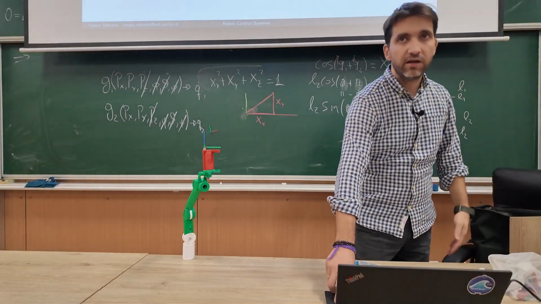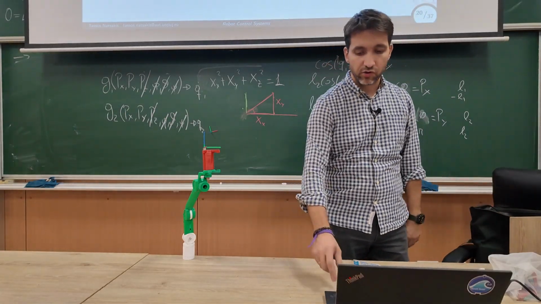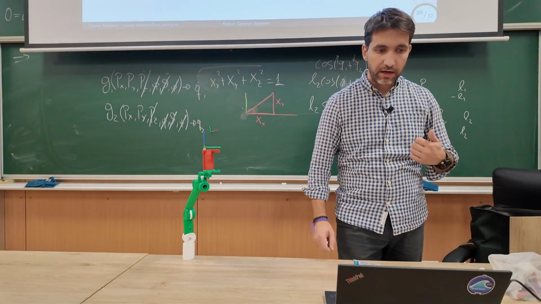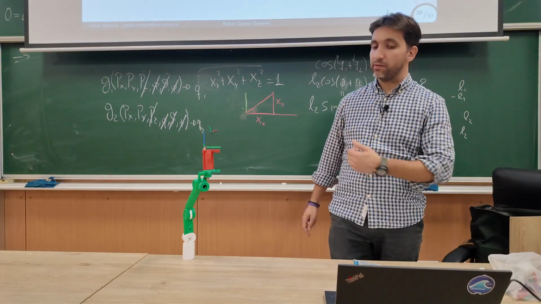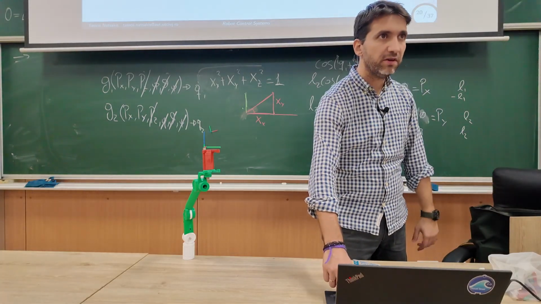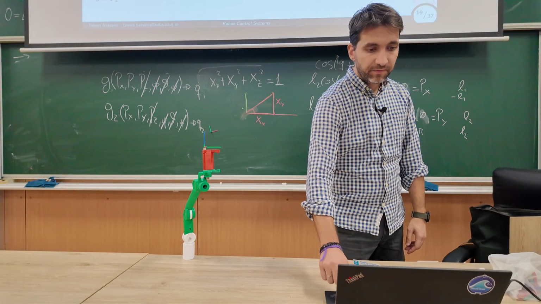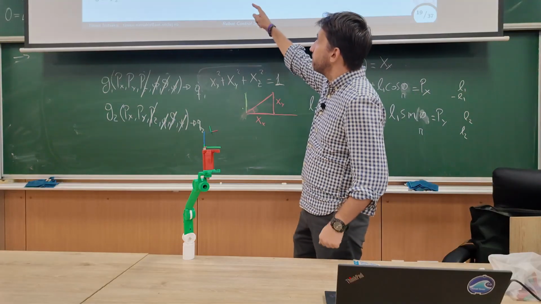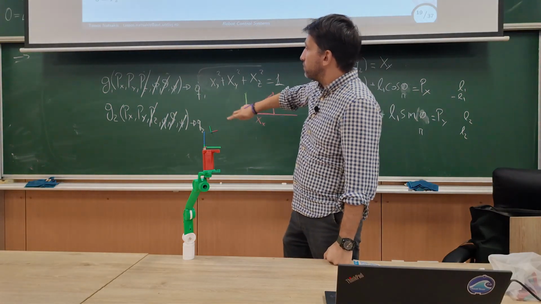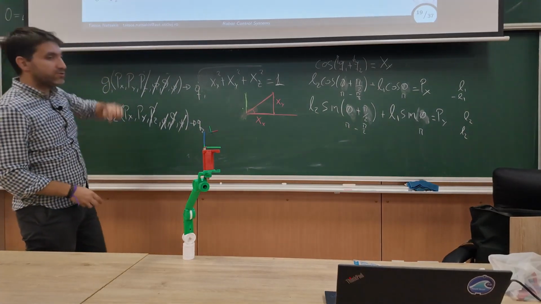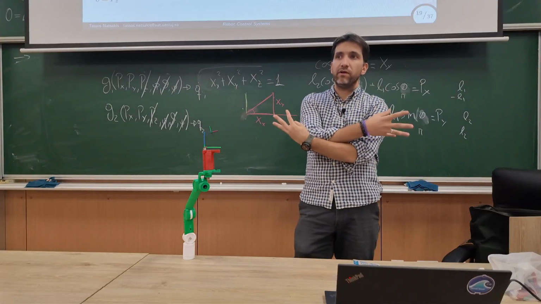And we'll see we have 3 main types of solutions: analytical, geometric, or what we call numerical solutions. All right? We'll see analytical and geometric solutions for this example, and then in the lab you will basically solve it using numerical solutions. Right. So what we're trying to do here is take the 2 equations for the 2 degrees of freedom that we chose, basically these 2, the last ones, and we're trying to invert them.